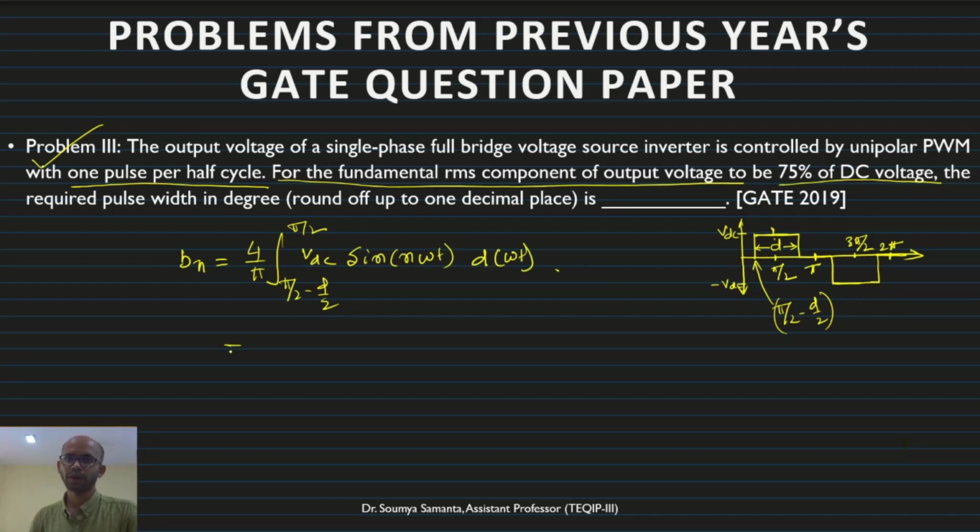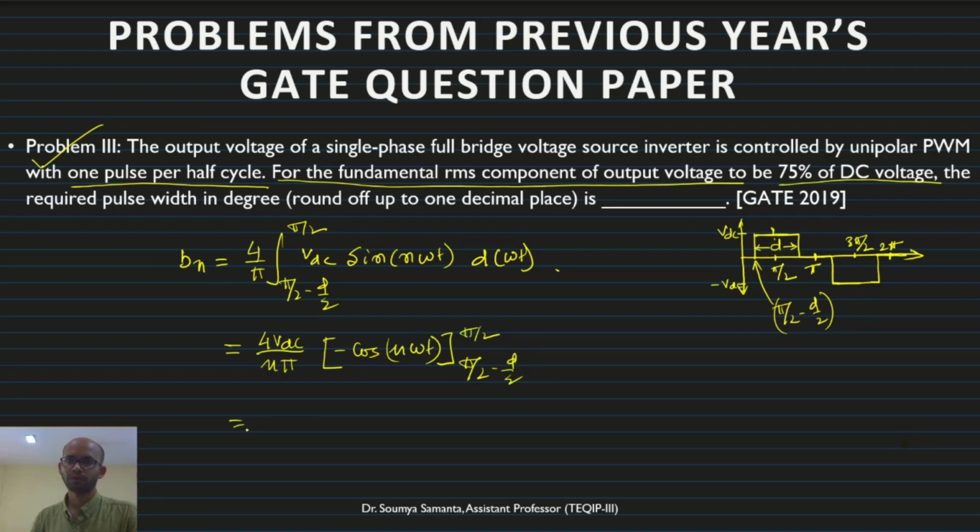So this is how we will find out. So now this is 4 VDC by n pi, and this one will be minus cosine of n omega t, from pi by 2 minus D by 2 to pi by 2.